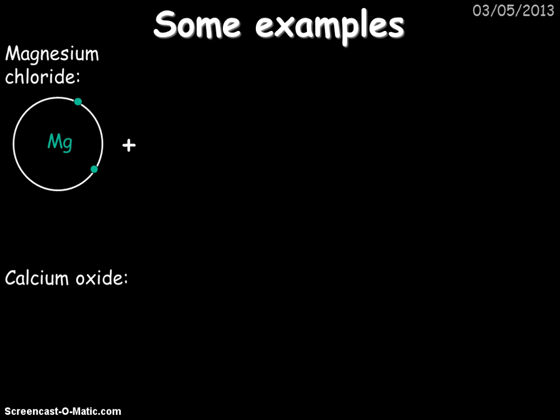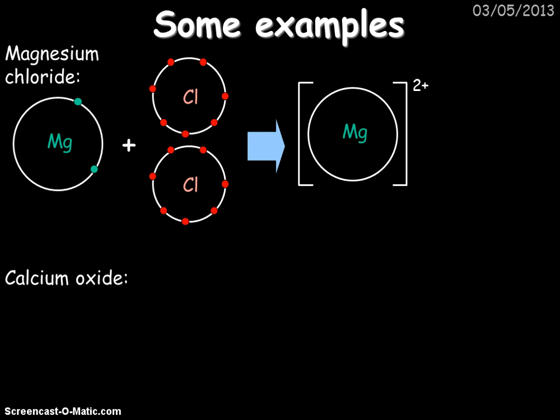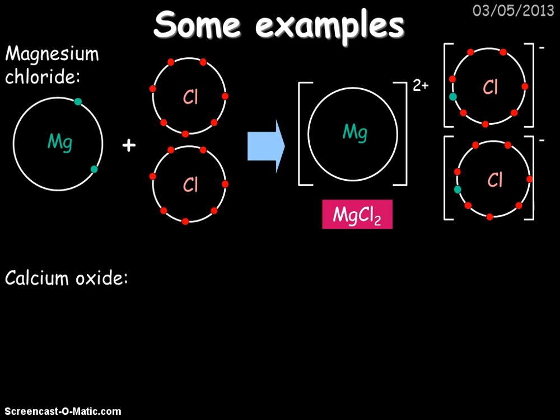So here's some examples of ionic bonds. We've got magnesium chloride. So you've got 1 magnesium and 2 chlorides. So if you had to join them as an ionic bond, this is what you'd see. The magnesium has lost 2 of its electrons because they filled up the chlorines, and it means you've got 2 plus, whereas the chlorines, because there were 2 particles of them, they've gained 1 each, so it's only got 1 negative.